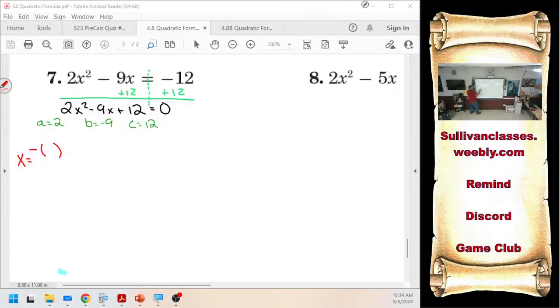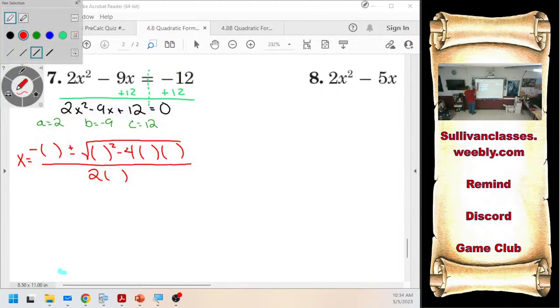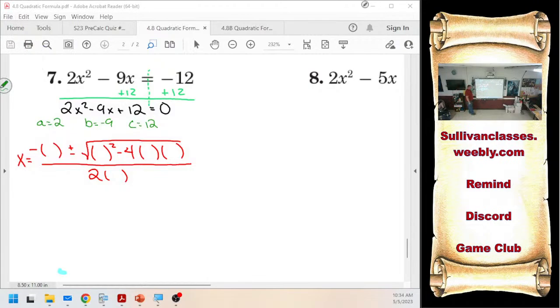Negative b plus minus the square root of b squared minus 4ac, all over 2a. So you replace all those A's, B's, and C's with parentheses, and then plug them in.